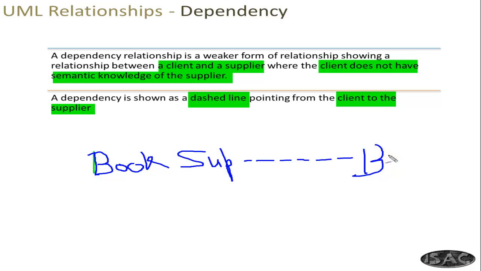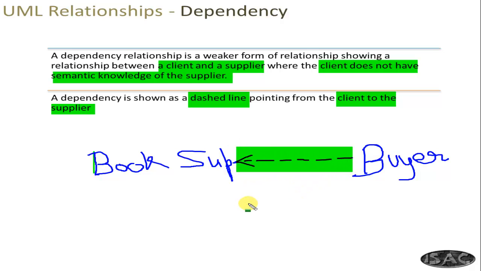So, how does it work? The relationship between these two is a dependency relationship, because the buyer does not have semantic knowledge of how the supplier works, but it depends on it. So, this relationship is called dependency relationship, and it is always shown by a dashed line pointing from the client to the supplier.